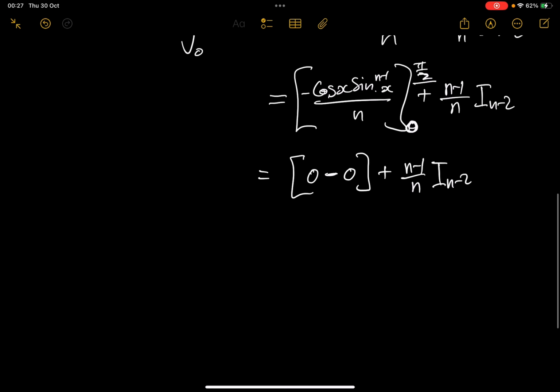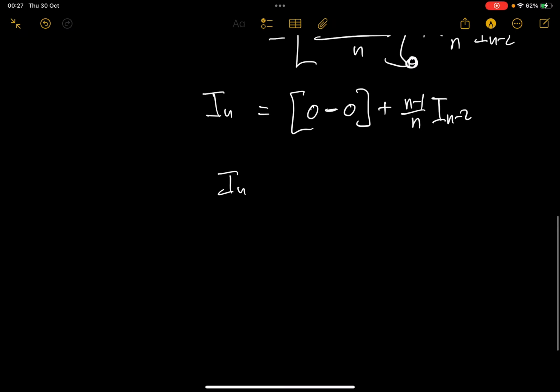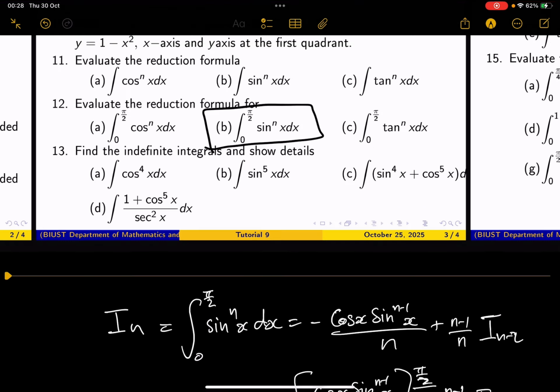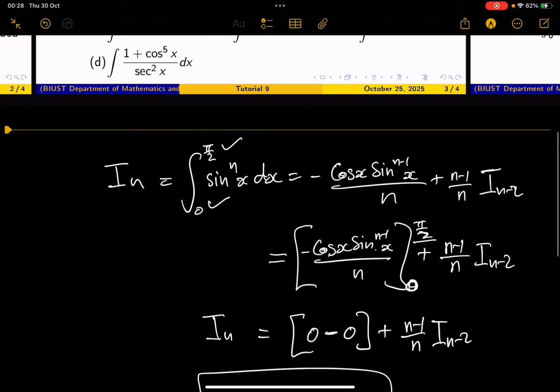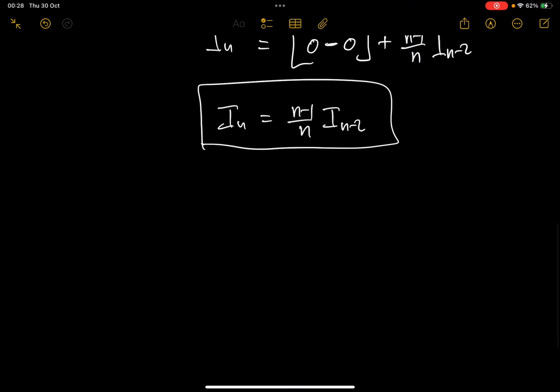So which means I_n is equal to (n-1) over n times I_(n-2). This I_n is evaluated from 0 to pi over 2. Don't forget that. So it reduces even further to this formula. The minute we include the limits here, it's going to reduce to this reduction formula.